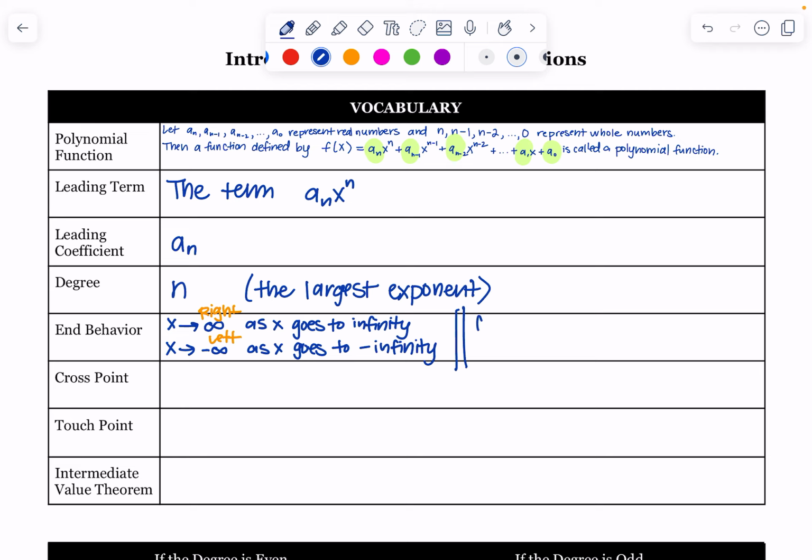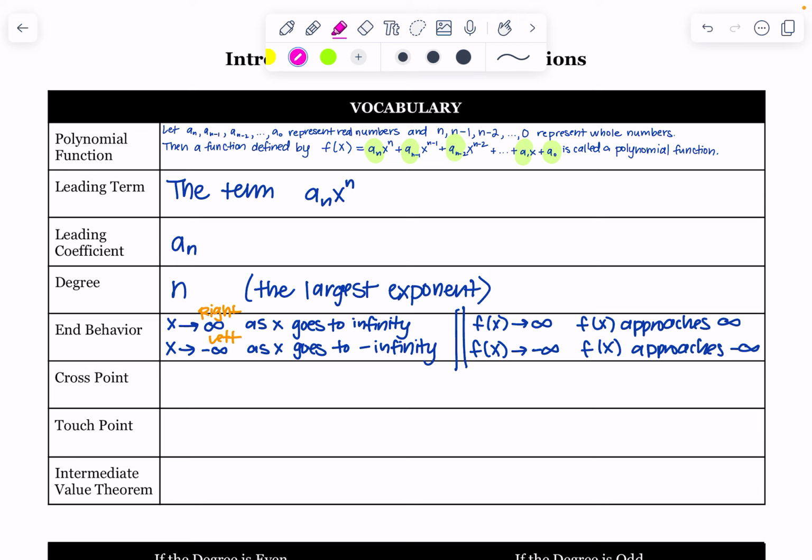So if I have f of x going to infinity, that means that f of x approaches infinity. And similarly, if I have f of x goes to negative infinity, this would be f of x approaches negative infinity.